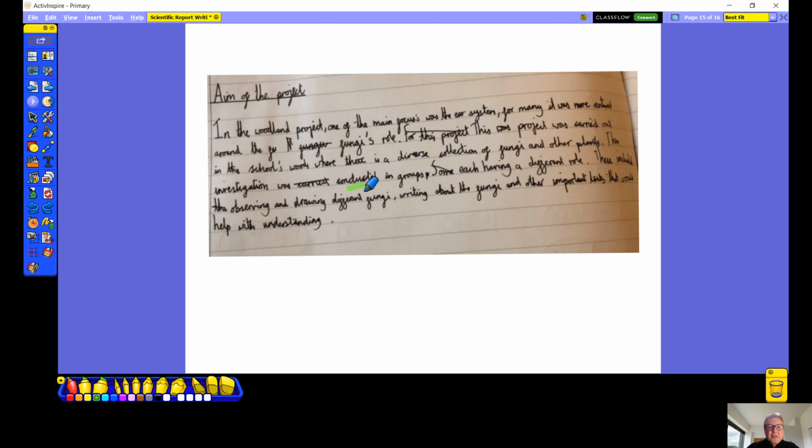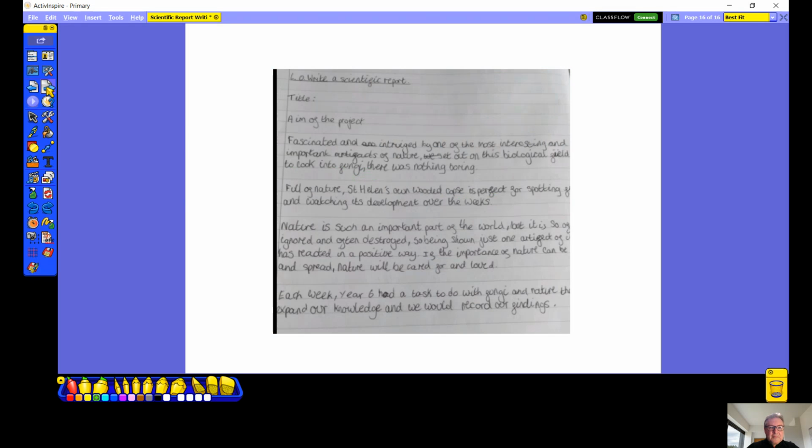Some really nice language. Conducted in groups. See the scientific language here. And lastly, there's an aim here.